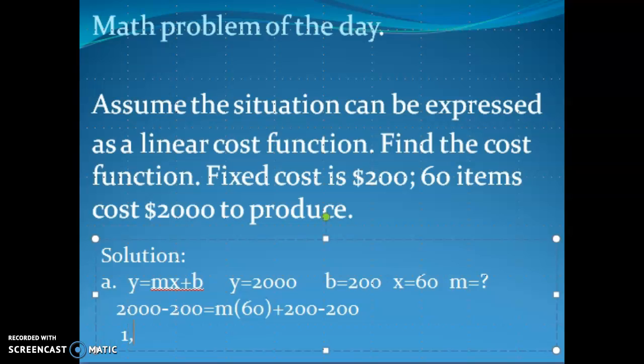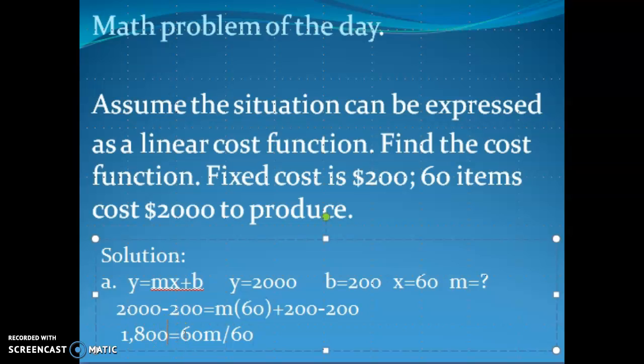1,800 equals m times 60 is 60m plus 0. So 200 minus 200 is 0. So how are you going to solve for m? So we need to divide 60m by 60 so that m will be by itself.